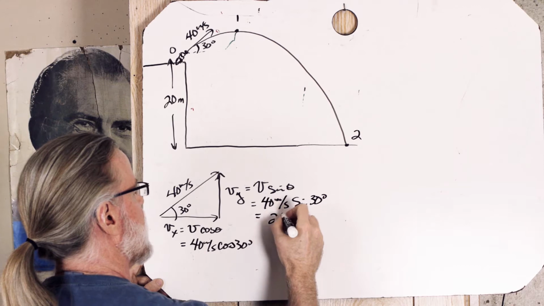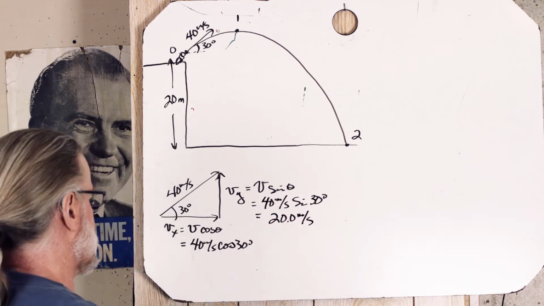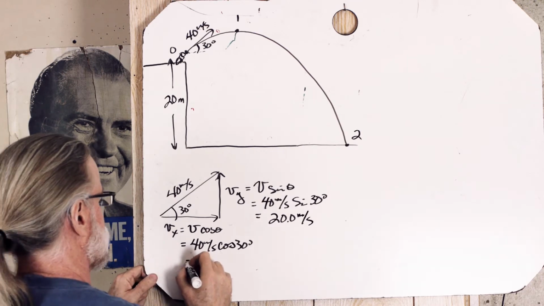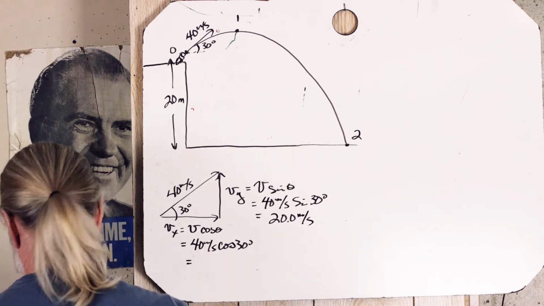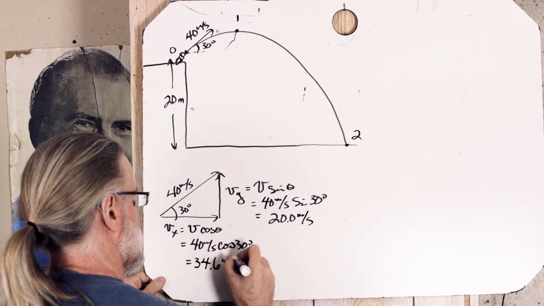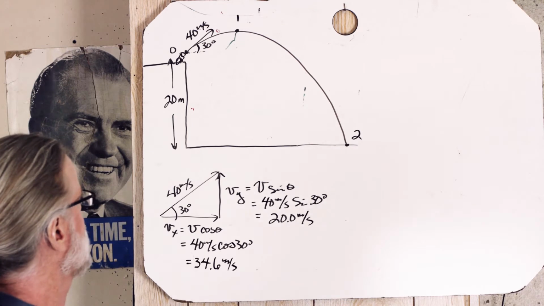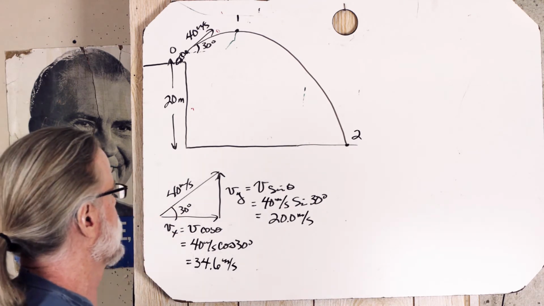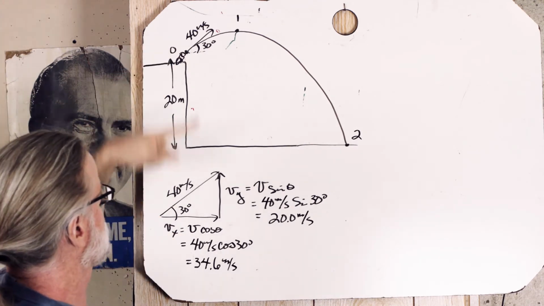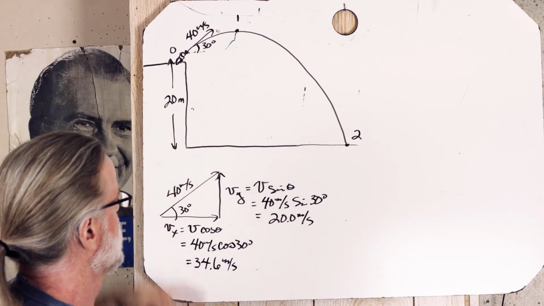And I know that that is, to 3 significant figures, 20 meters per second in the y direction, and 34.6 meters per second in the x direction. So it's going faster horizontally than vertically. That makes sense because 45 degrees would be equal, but this is more horizontal.